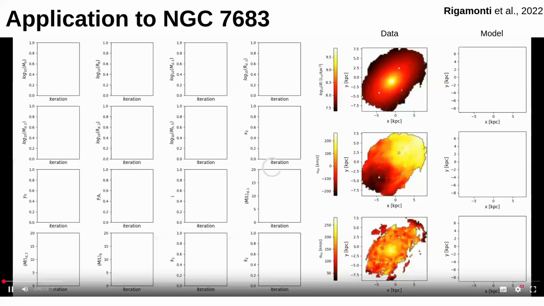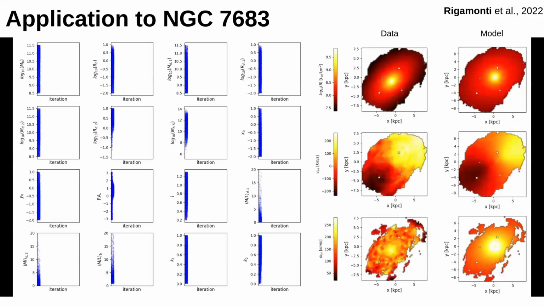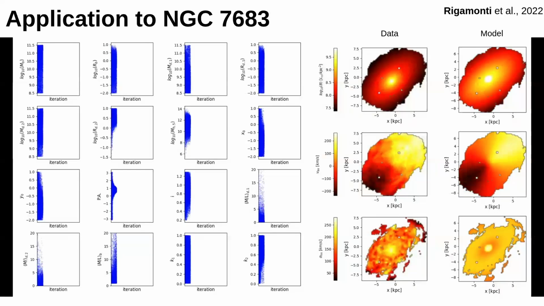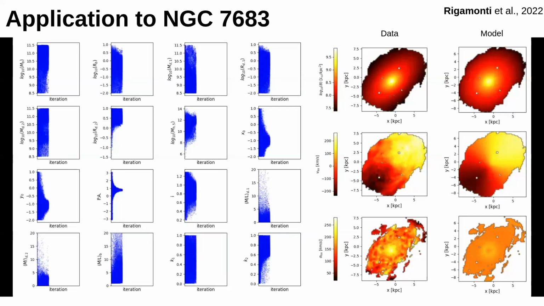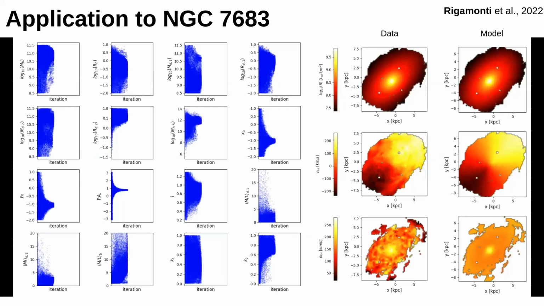So as soon as I start the movie, okay, what you see is that the nested sampling initially tries basically random models. Then little by little, some of the parameters start to converge. And then finally, the best fit model is found. And the nested sampling allows us to characterize the full posterior distribution for all of the parameters.